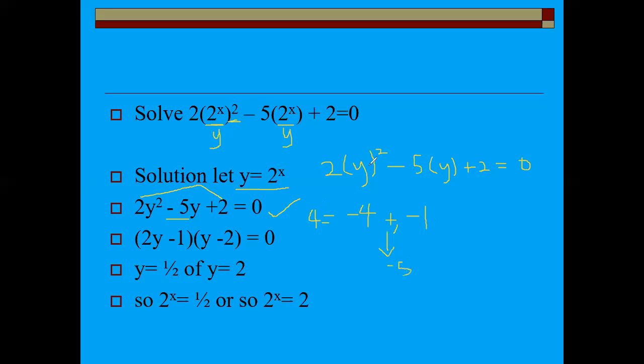Which will help us to re-express what we have here as 2y squared minus 4y minus y, the factors which we just found, plus 2 is equal to 0.